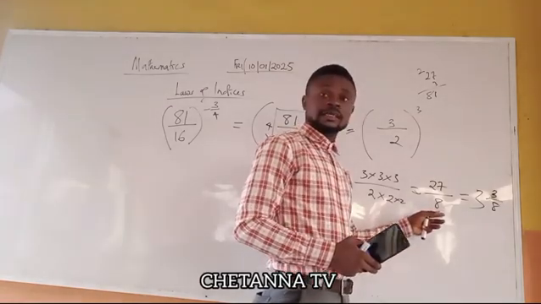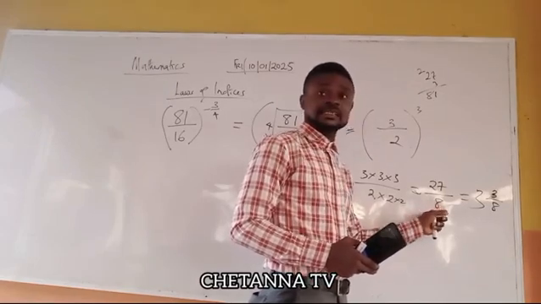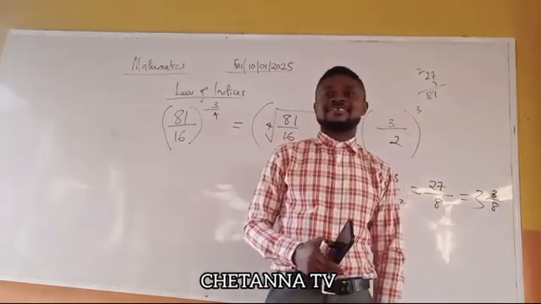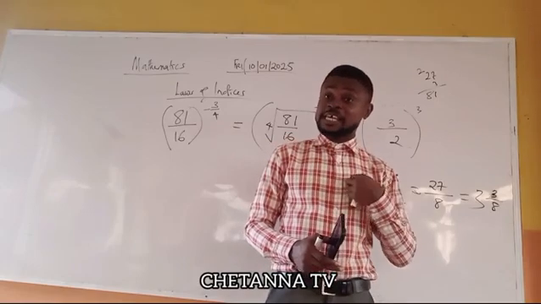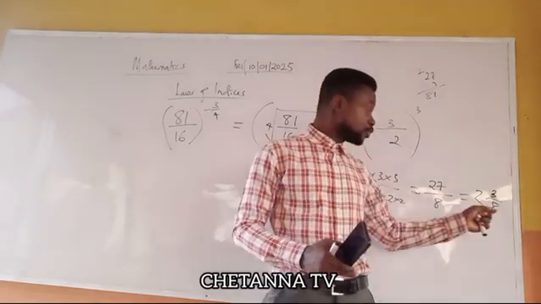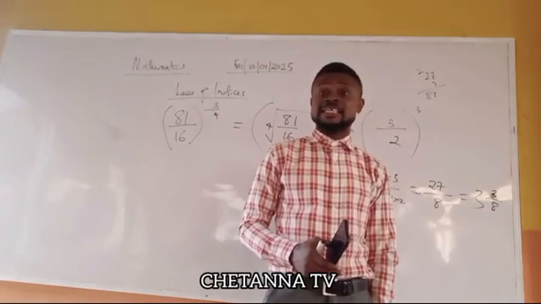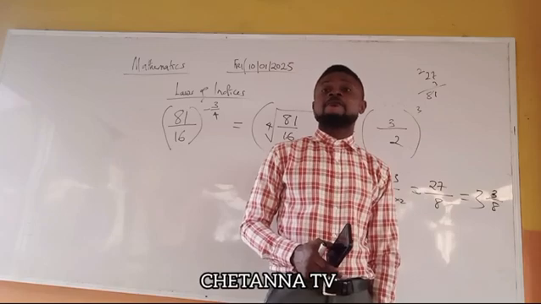27 over 8 is the answer, but it's always not good to leave answers like this. If I leave it like this in the exam, they don't mark it. To me, if you're writing an exam for me, you must break it down like this, unless I ask you specifically to leave it in decimal form.